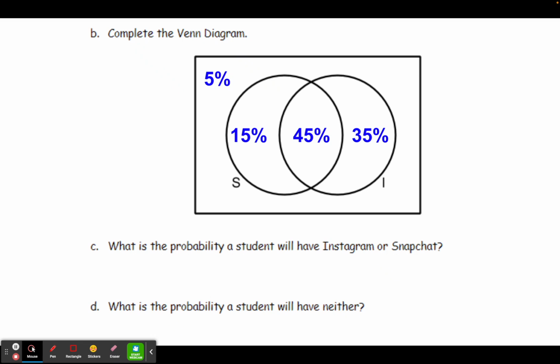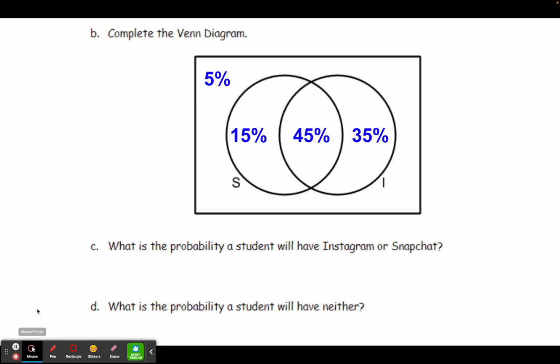Now, in part C, it asks us, what is the probability that a student will have Instagram or Snapchat? Here, we are looking at anything inside the circles. So when you see or here, that refers to students that use just Instagram, which is 35% here. Students that just use Snapchat, which is 15%, but it also includes this middle region right here, the 45%.